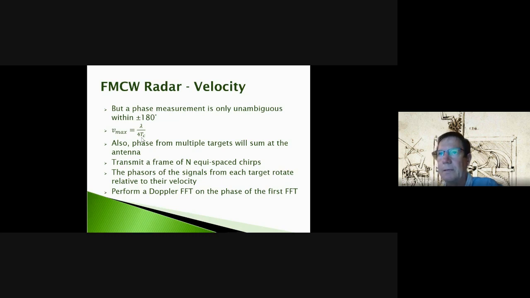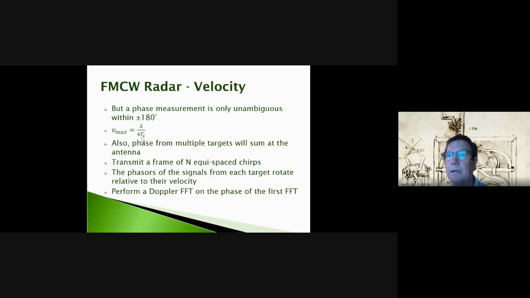So now how do we resolve that? The phase is going to be affected by both targets, and even when we look at that frequency bin, we're going to get phase contributions from the other target.